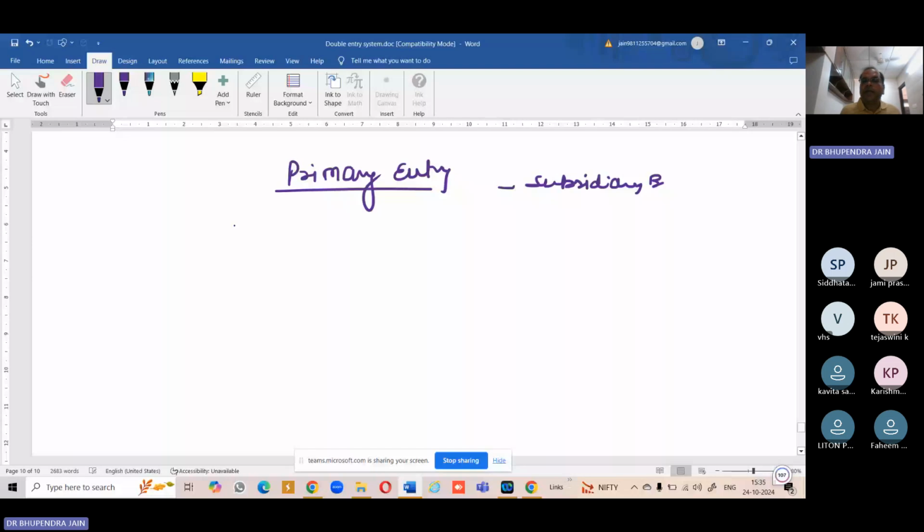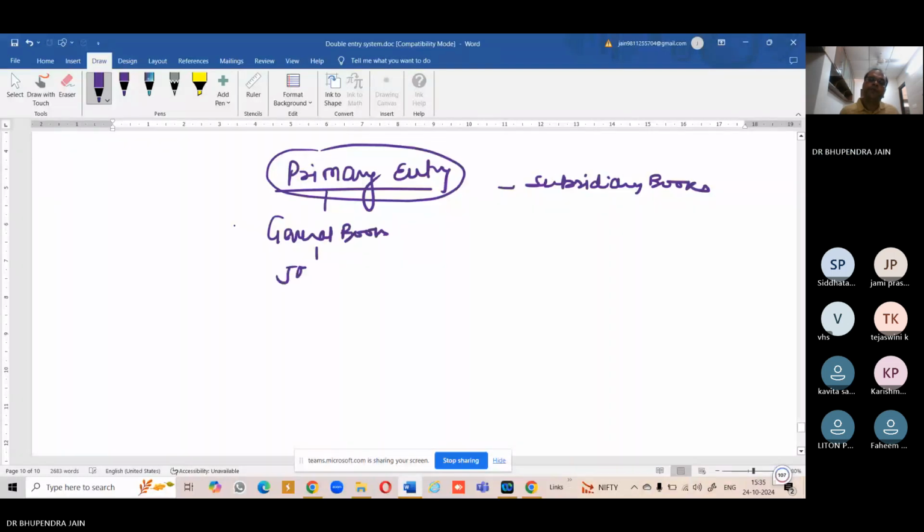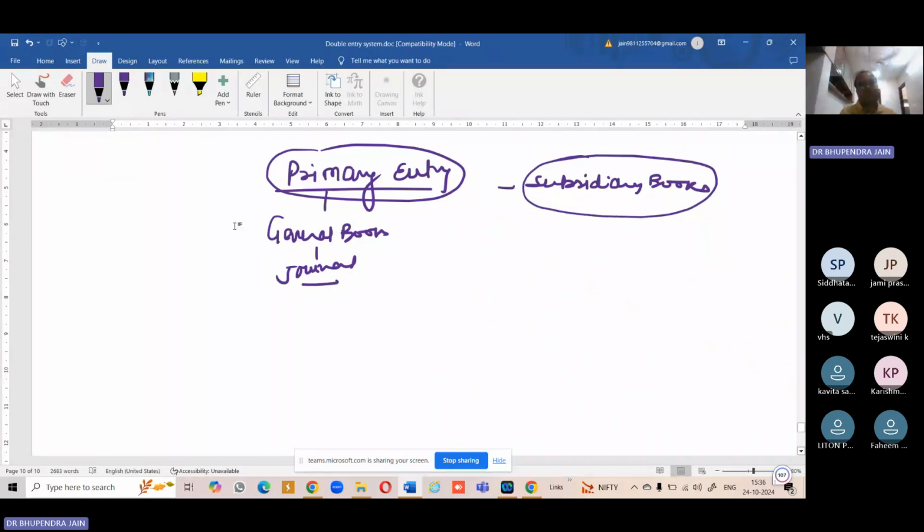The primary book is called the general book, and we use it to pass the journal entry. Every day, every transaction we will first record in the general book, and after passing the entry, we will record it in the subsidiary book. Now, what is a subsidiary book?